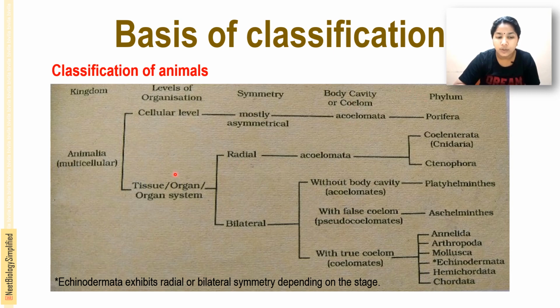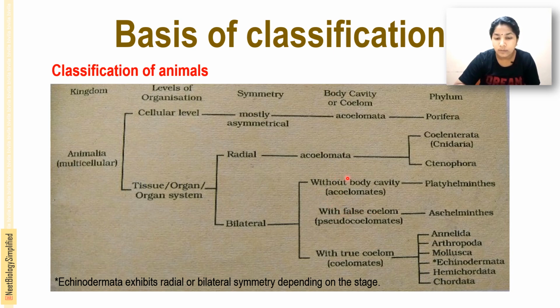Next is the tissue level of organization or the organ level or organ system level of organization. Here they have radial symmetry as well as bilateral symmetry. Those with radial symmetry do not have the body cavity. Examples are Coelenterata, Cnidaria and Ctenophora. And in bilateral symmetry, they have the coelom, they do not have the coelom, or they have the false coelom.